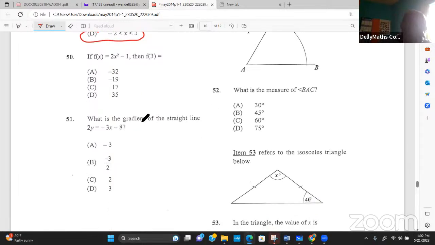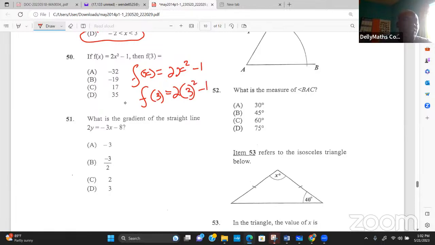At 50, we're coming down, stopping at 60. So it says if f of x is equal to 2x squared minus 1, so now we're in the function section, then we want to find f of 3. So f of 3 is going to be 2 times 3 squared minus 1.